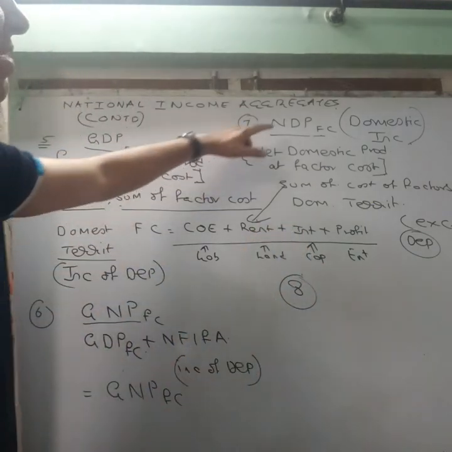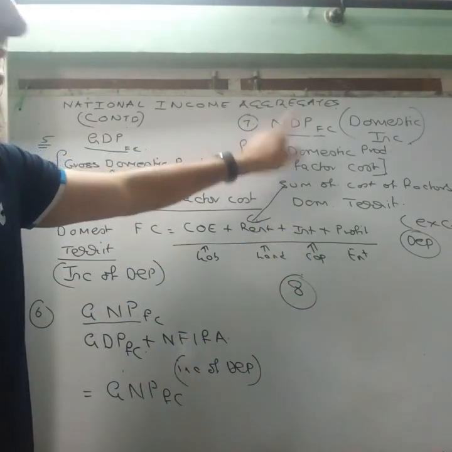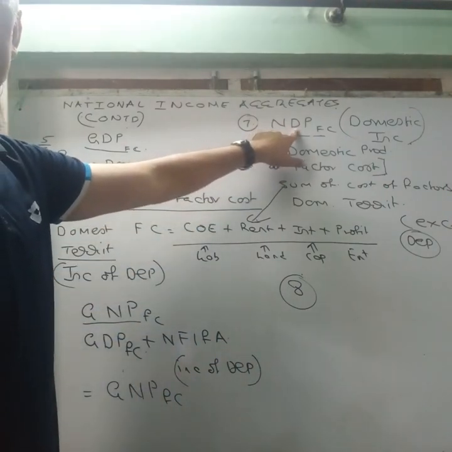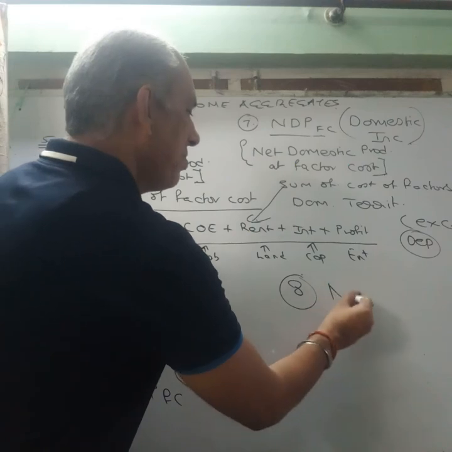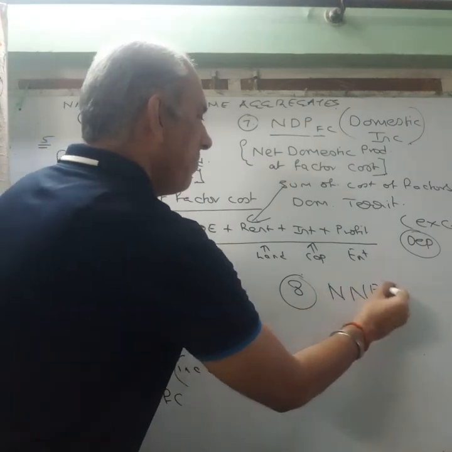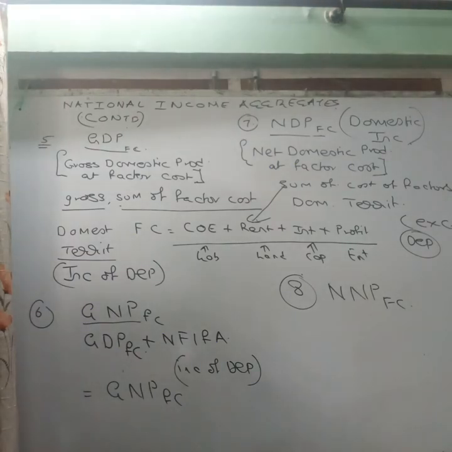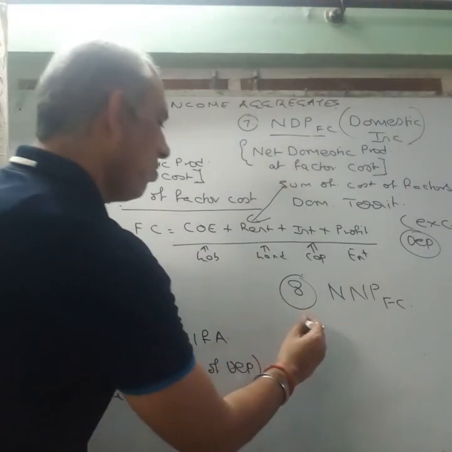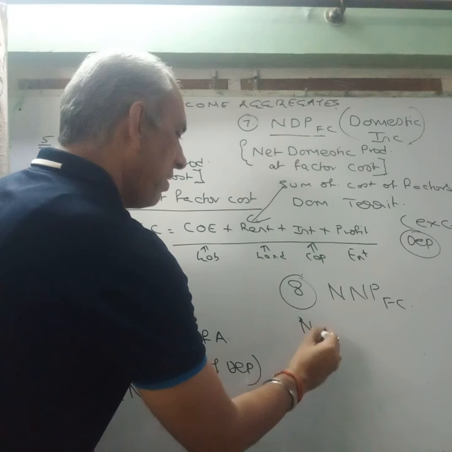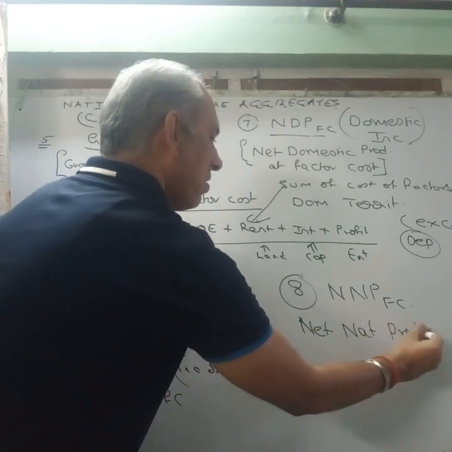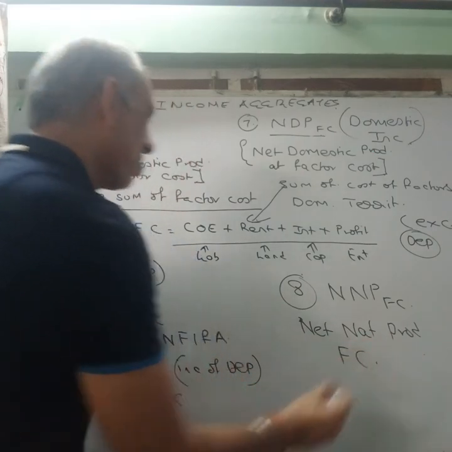Now, I'll come to the last variable. What is the last variable which we can continue from NDP at factor cost? We're trying to make the term D into N. So it becomes NNP at factor cost, which is also referred to as net national product at factor cost.